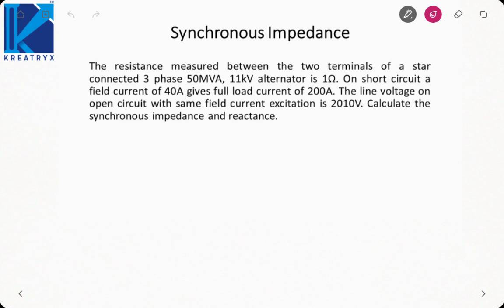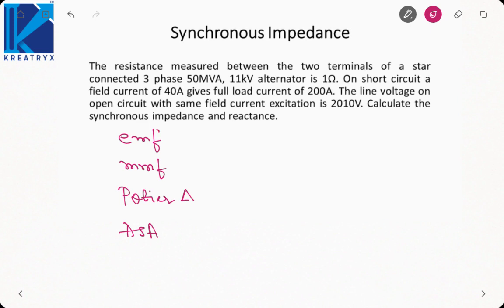Next concept, let us move on to synchronous impedance. See, in a synchronous machine there are many methods which are used for finding the voltage regulation, such as the EMF method, the MMF method, the Portier triangle method, and then there is the American Standard Association method.